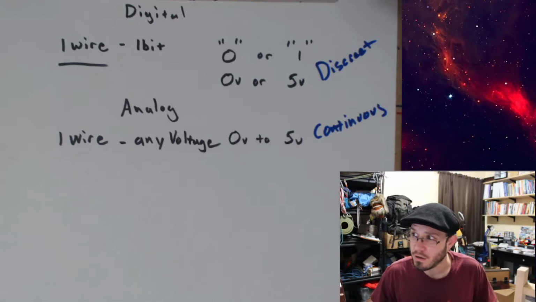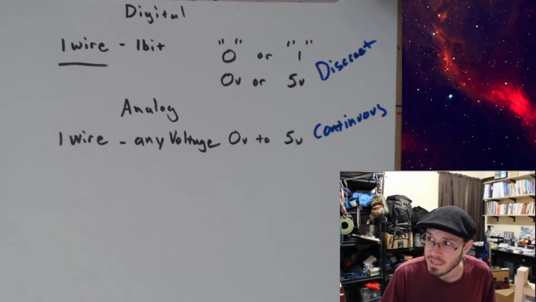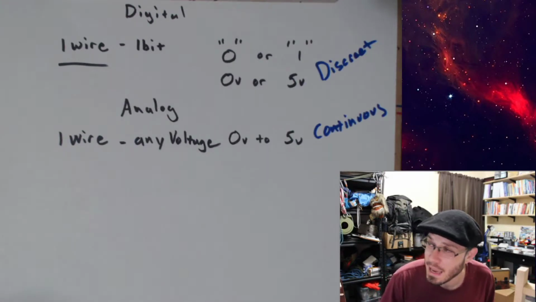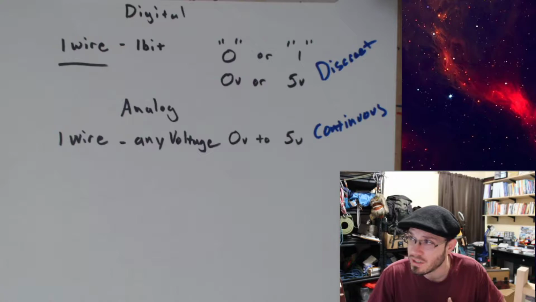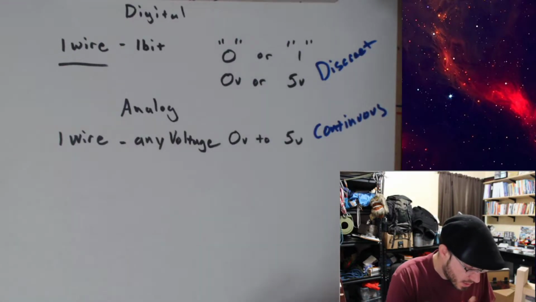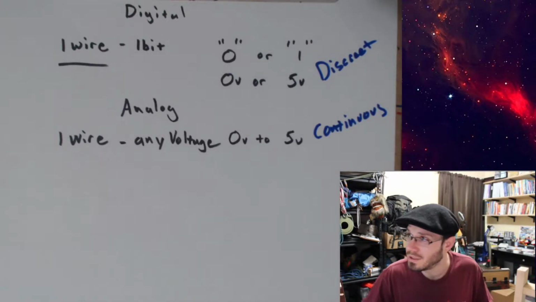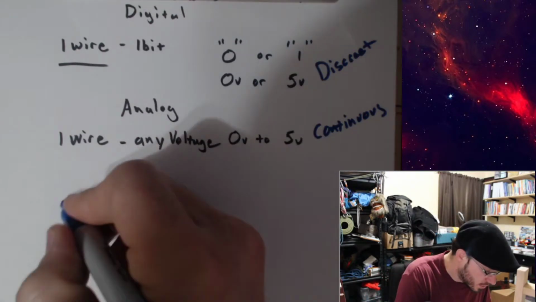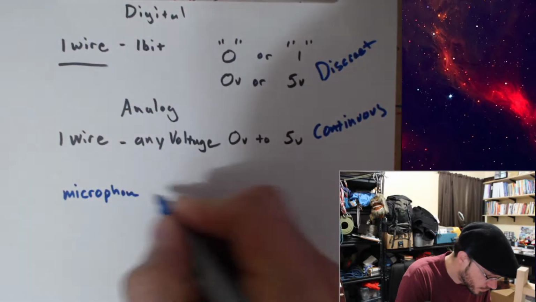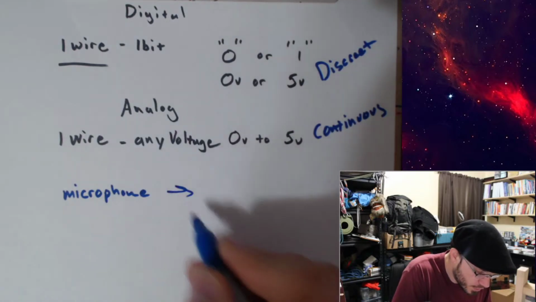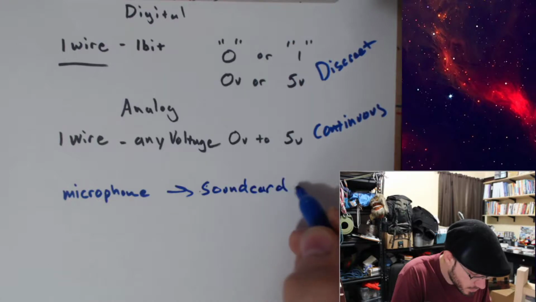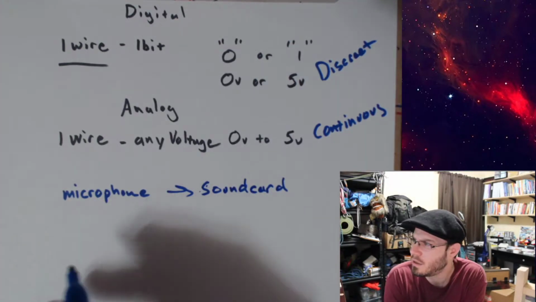So if you want to interface with the real world, you have to deal with the analog. So if you're talking about any type of input or output to a computer system, it is analog. Always. So if you're talking about inputs into a computer, microphone, this goes into your sound card. Well, what is your microphone?